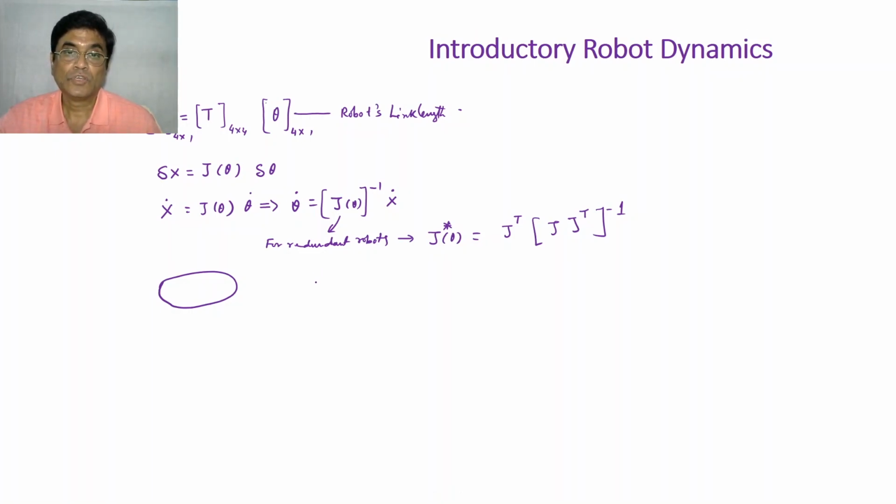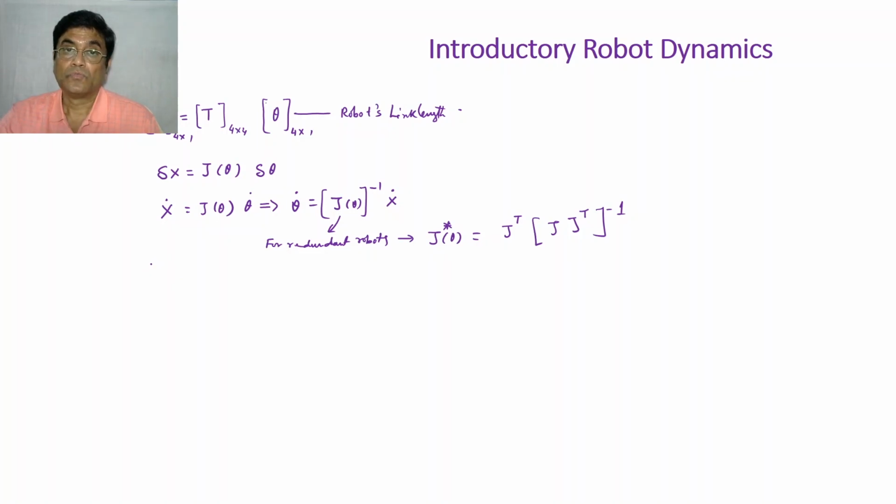So robot dynamics intends to capture that completeness by incorporating mass in the model. And when we incorporate mass in the model, several other forces and torques will come into the model, and those models are more complete than the model we have.